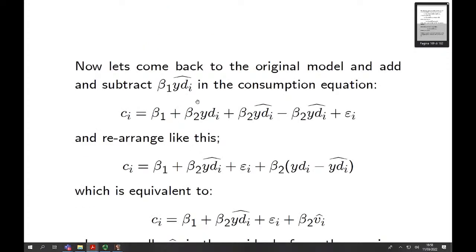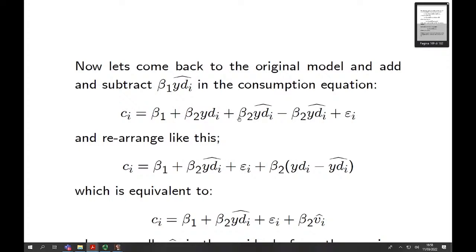So I come back to my equation, and now I add and I subtract the following quantity on the right-hand side. What do I add and what do I subtract? I add beta 2 times fitted, no longer disposable income, but the fitted from the previous equation, minus beta 2 times the fitted from the previous equation, plus error term.